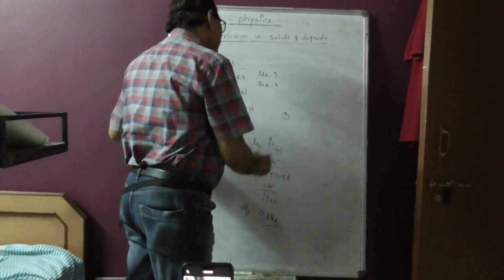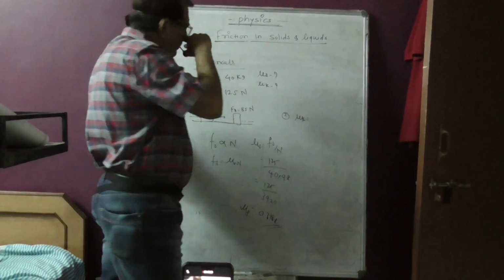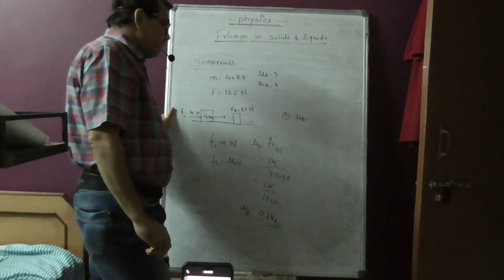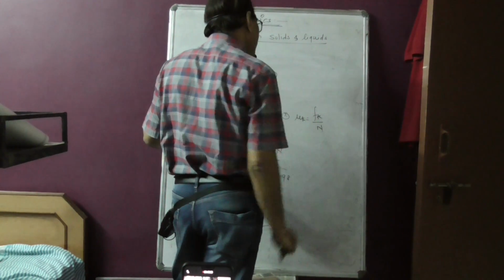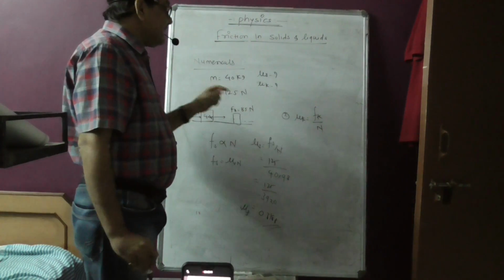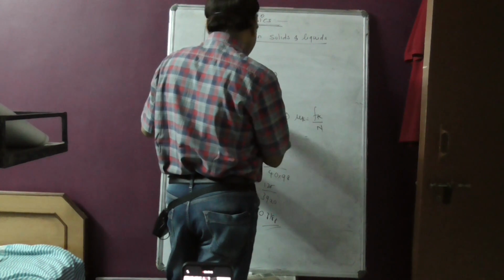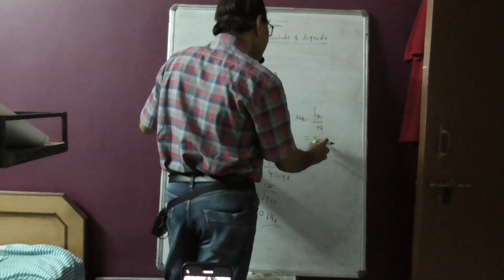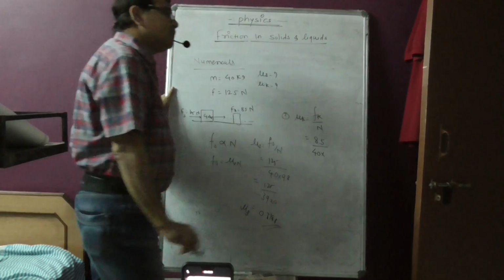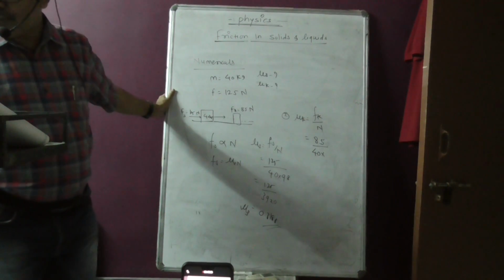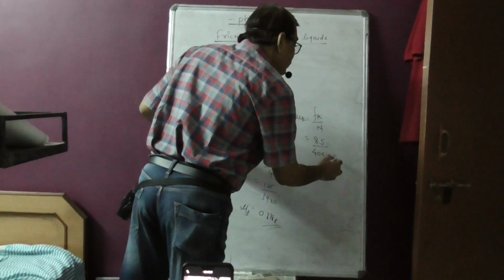Now the second part: I want to find the coefficient of kinetic force of friction. What is the formula for it? The formula is Fk upon N, the force of kinetic friction divided by its normal reaction. The force of kinetic friction is 85 Newton, so 85 divided by m into g. Mass is 40 and g is 9.8.